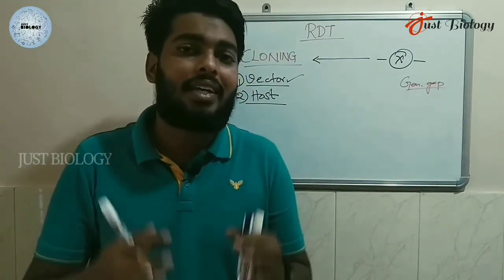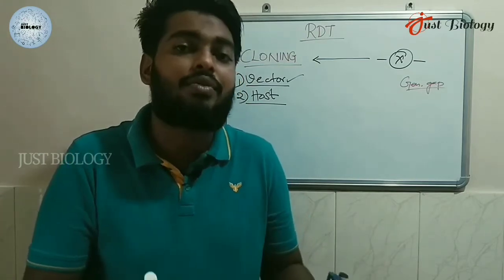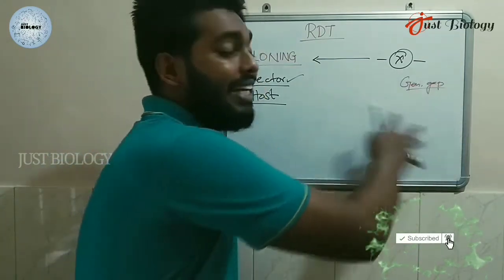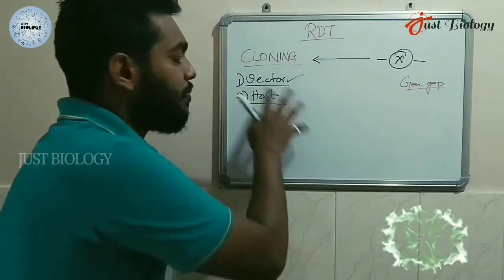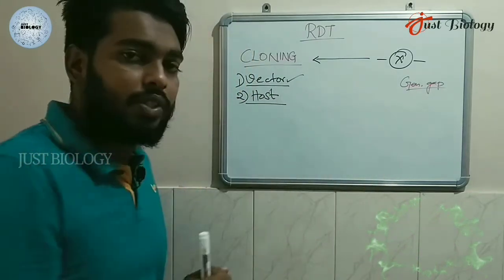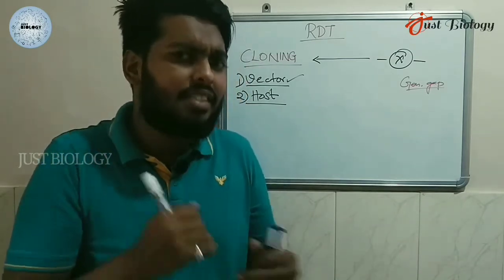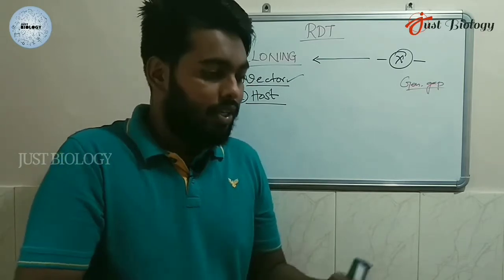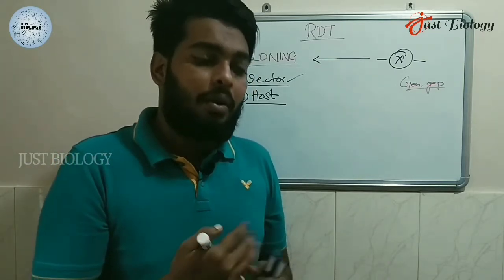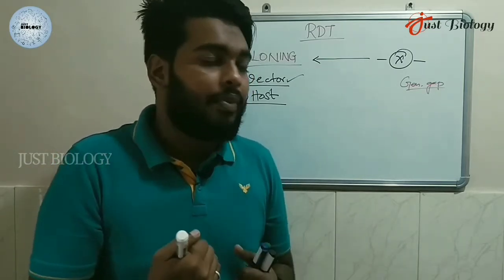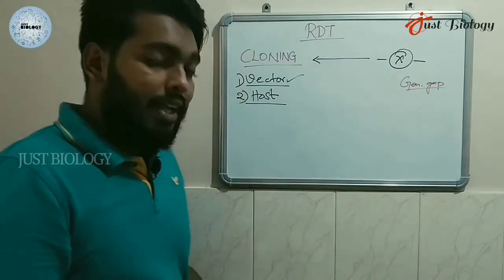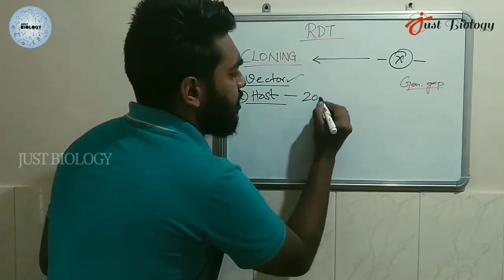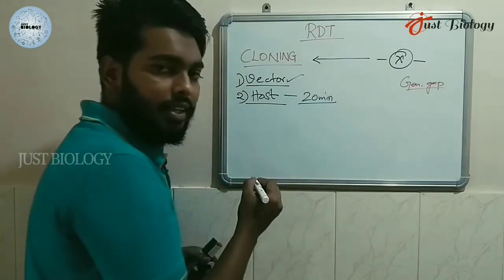Generation gap is the time taken for multiplication or duplication. A bacterial host will have a short generation gap. If you take fungi, they would take a minimum of 3 days for multiplication or growth. But in the case of bacteria, they have only 20 minutes to multiply.